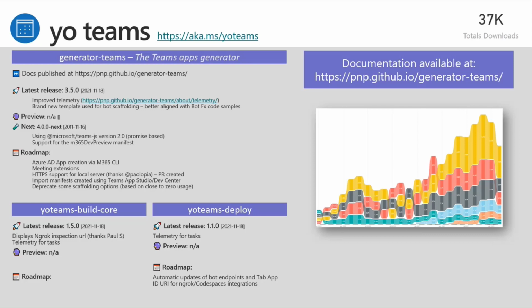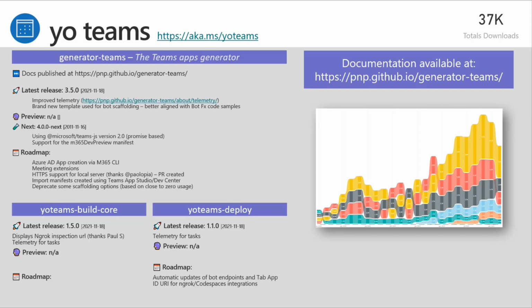But I think the biggest milestone is that we have the general available release. We have the preview release. There's currently no preview release, but we do have a new next release. And the next release contains the new Teams JavaScript SDK version 2.0 that's out in beta right now. And we will not move to version 4 until that is GA.